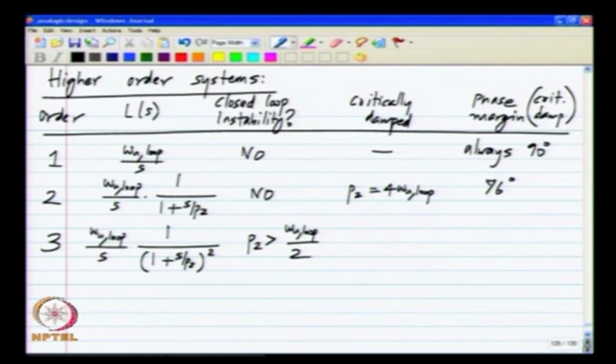This corresponds to an excess delay that is very large, so it can be unstable, that is the poles of the closed loop system can be in the right half plane, and that will happen for p 2 being omega u loop by 2.